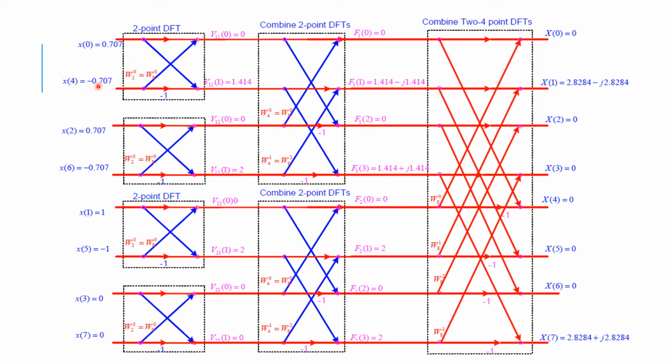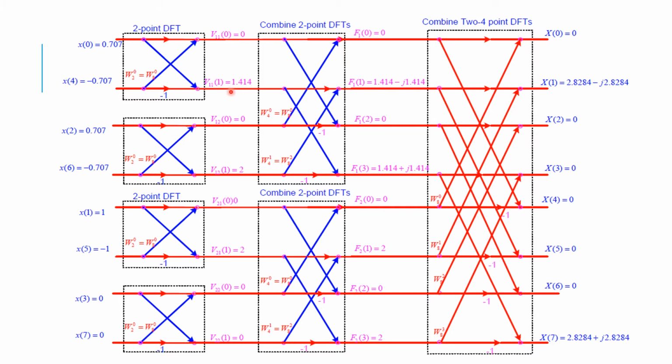What is the step I have to use? Minus 0.707 into twiddle factor 1, and it has to be multiplied by one more minus 1 when it is entering this butterfly structure. Multiplying it by minus 1, what will be the value? Minus 0.707 into minus 1 becomes plus 0.707, where already a 0.707 is there here. What will be the added value? This is complex addition, right? So what will be the value?